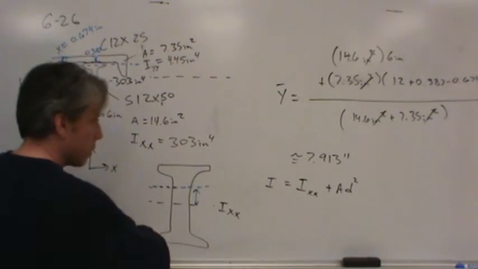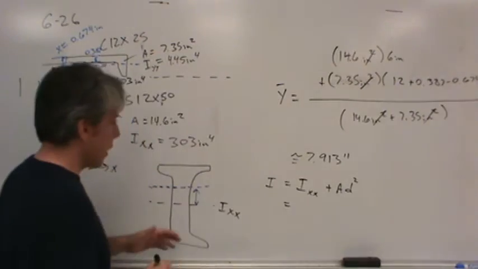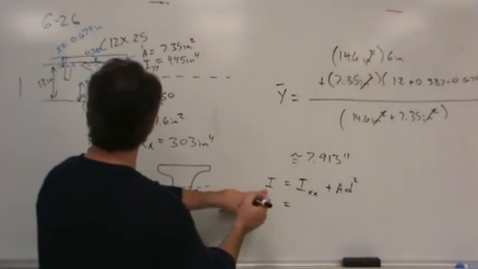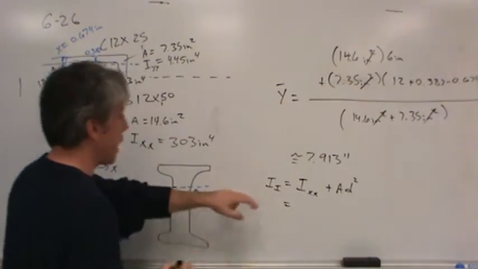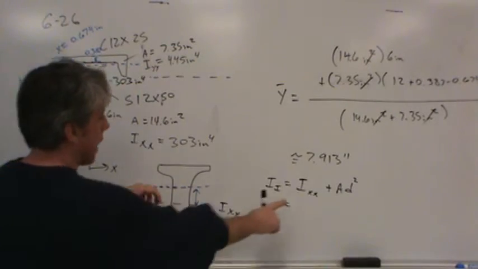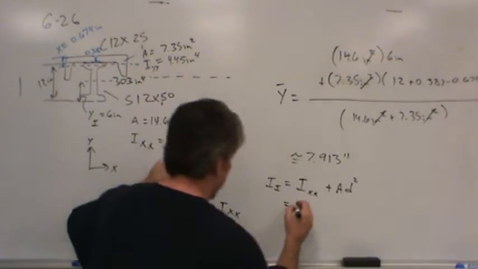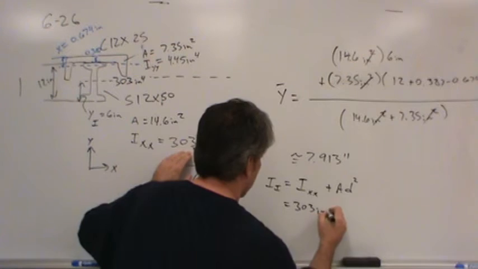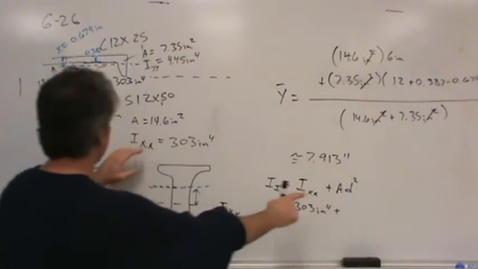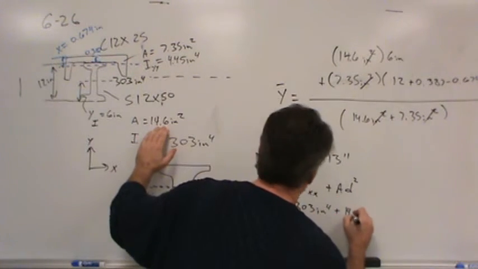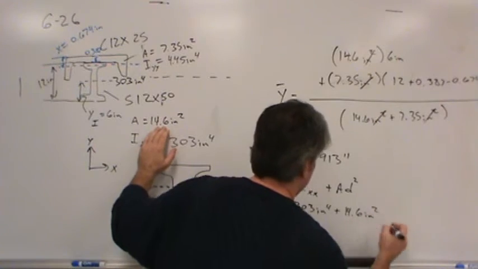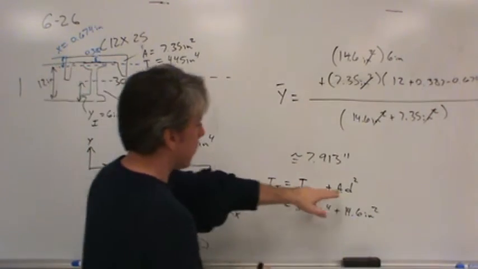Okay? So for our calculation here, just for the I-beam itself, I'll put a subscript I for I-beam. We'll have IXX, which is 303 inches to the fourth, plus the area, which is 14.6 square inches, multiplied by D squared.